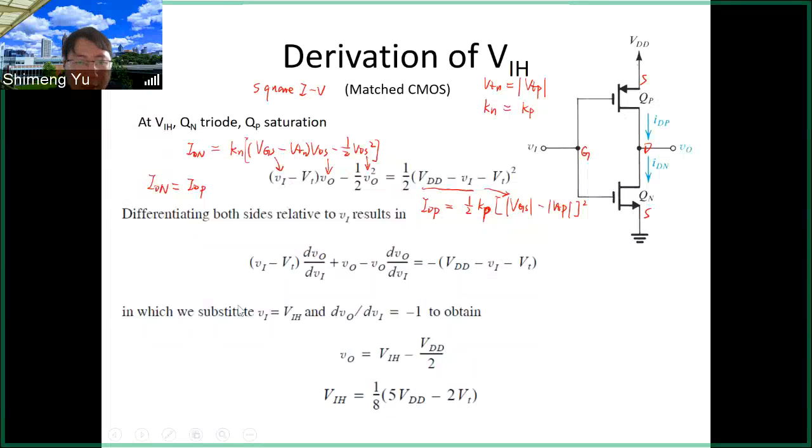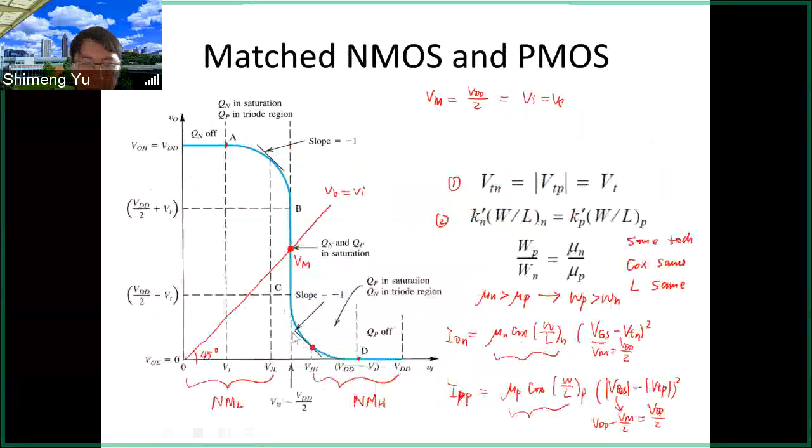And then we are going to substitute at the VIH point. So the VI will be this VIH. This is what we want to solve for. And at this VIH point, we have the criterion that the slope will be -1. So what is the slope?